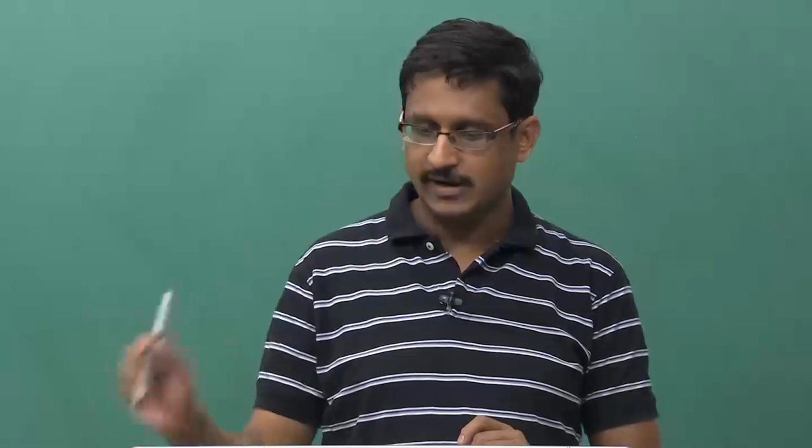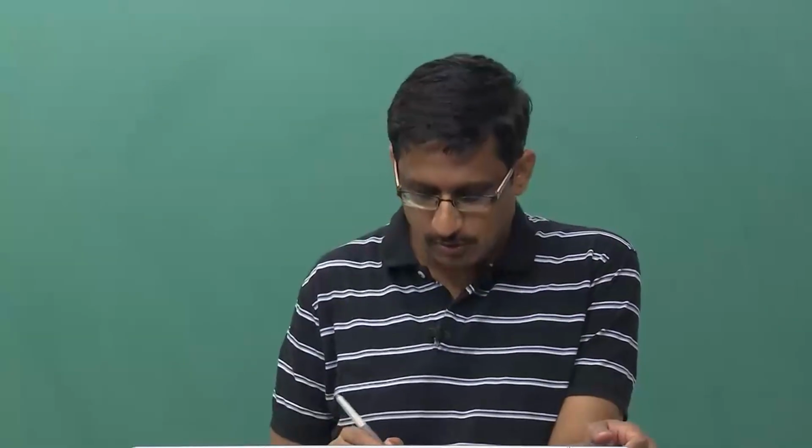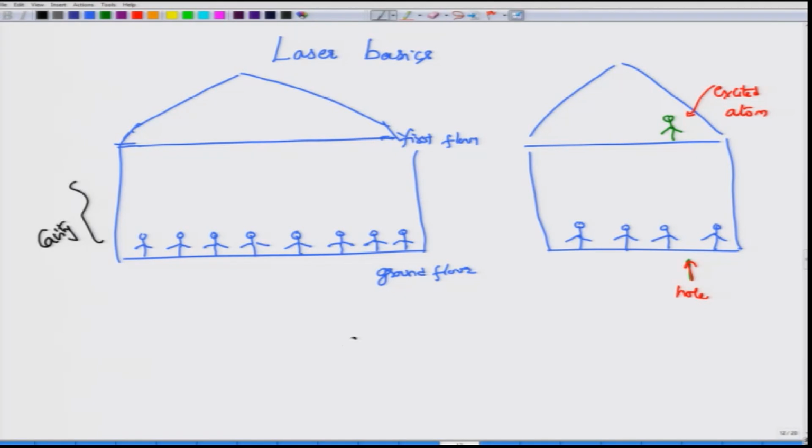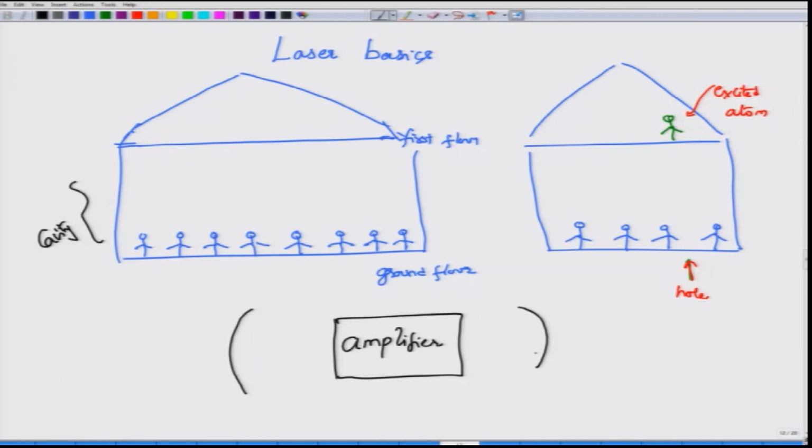In fact, the connection between them is so interesting that all lasers in themselves employ an amplifier. So, there is an amplifier inside a laser, and then you enclose this amplifier by something called a cavity.